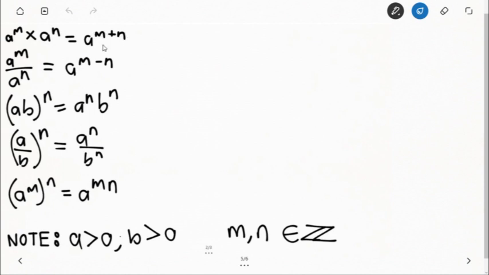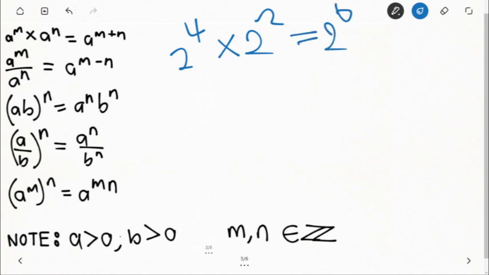For example, if you have 2 to the power of 4 times 2 to the power of 2, that will give you 2 to the power of 6. So you are multiplying the powers of the same base. So when you multiply the powers of the same base, you have to add the exponents to remain with 2 to the power of 6 then. So that's how rule number 1 works.